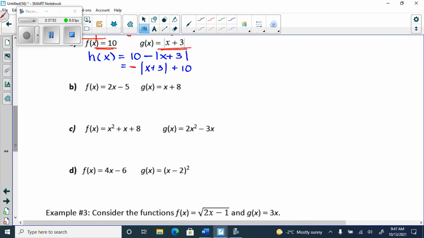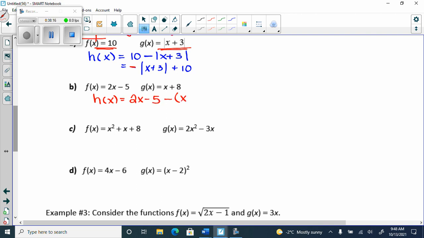So if we look at B, B is 2x minus 5 and x plus 8. Both of them are x in the reals. We agree? So my domain as a combined function, whether it's addition or subtraction, will be x in the reals, right? Didn't ask us that. It's asking us to just find h of x. h of x is f of x minus g of x.